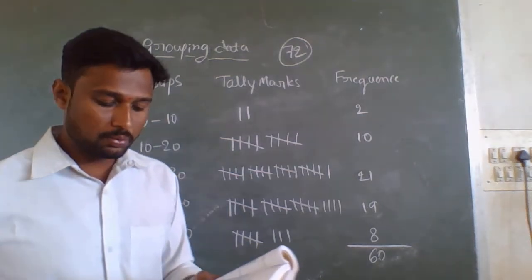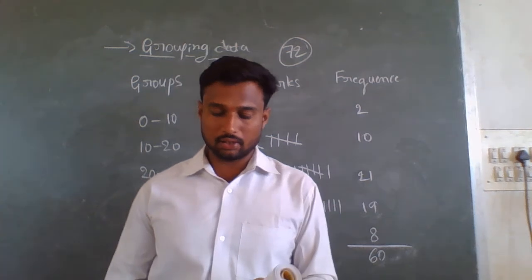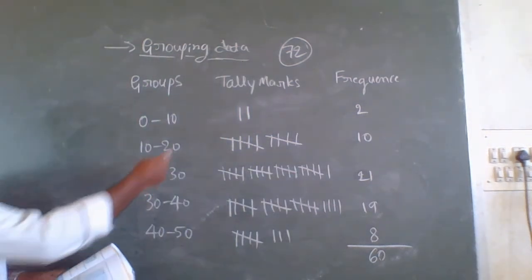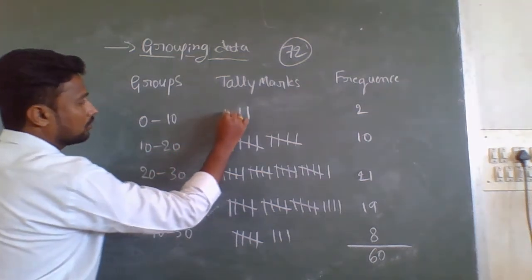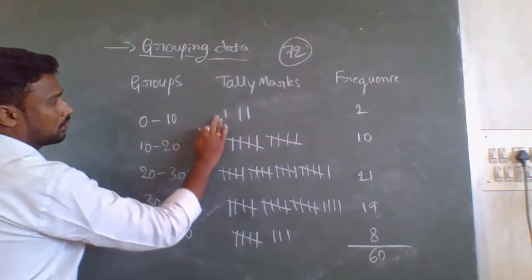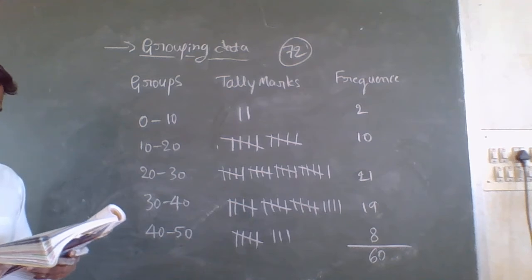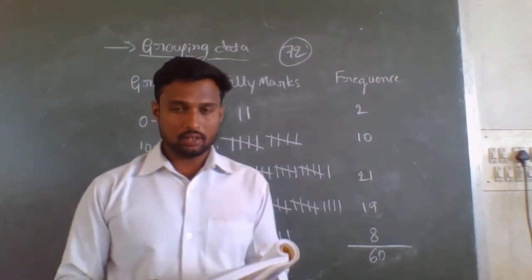But it is not possible that an observation can belong simultaneously to two classes. So it is not possible to enter the marks scored by the student into two classes. So we cannot enter one mark here and also here for getting 10 marks. So what should we do? Here they have given that 10 belongs to the class interval 10 to 20.